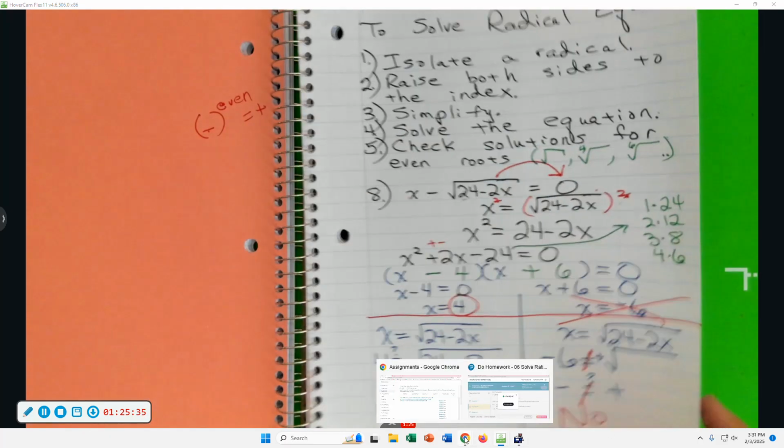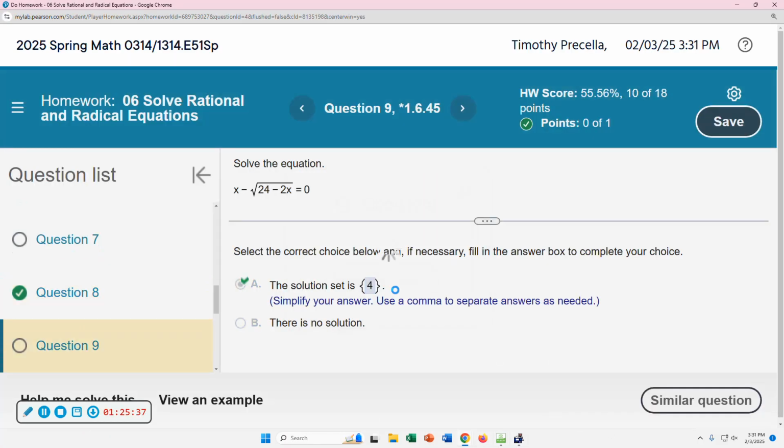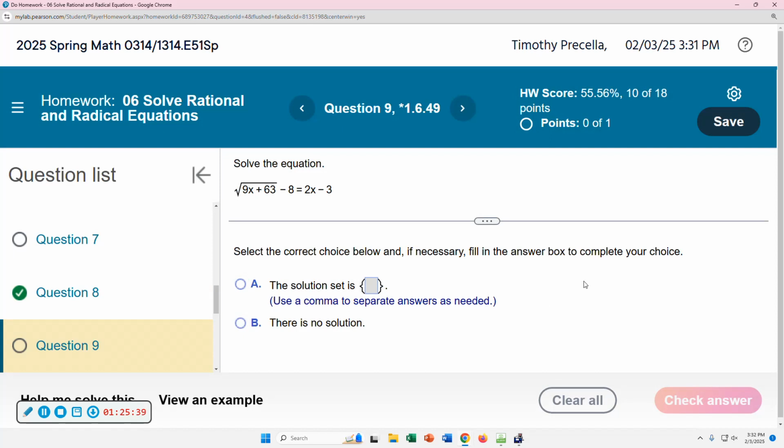Number 9. If you can make it through this problem, in my opinion, everything else in the homework is better than this one. I guess we could just start saying similar question or help me solve it to get better numbers, but my experience is it doesn't matter.